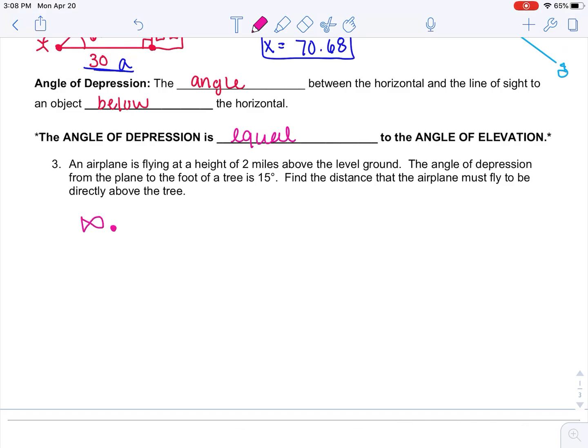So I'm going to draw an airplane. Yes, I know it looks like a fish. Pretend it's an airplane. And we're looking down here at the foot of a tree. So here's my tree. So my airplane is going to keep going this way in a straight horizontal line.